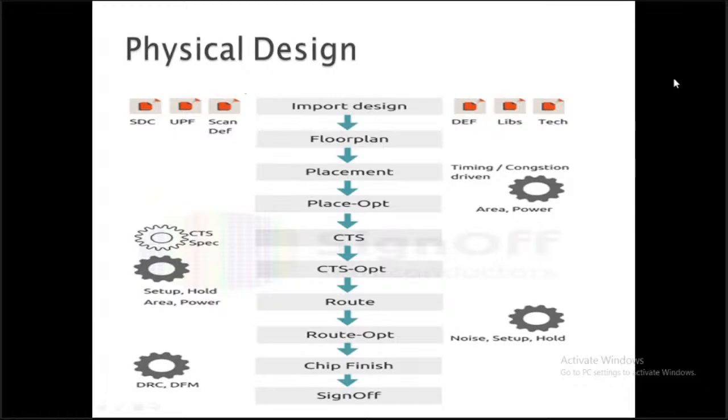Similarly, in the .lib we get the electrical specification of the standard cells we are using in our circuit. Electrical specification means the constraints of the standard cell: the delay, the transition, how sensitive our output is to the input transition, then leakage power and internal power.